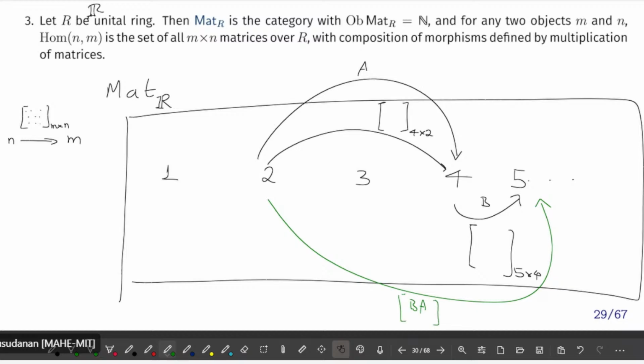Correct order: a 5 by 4 matrix times a 4 by 2 matrix.